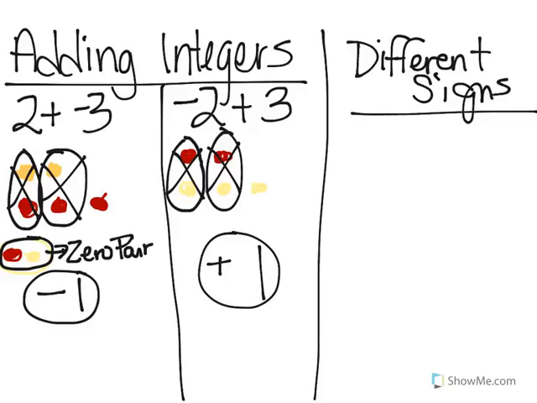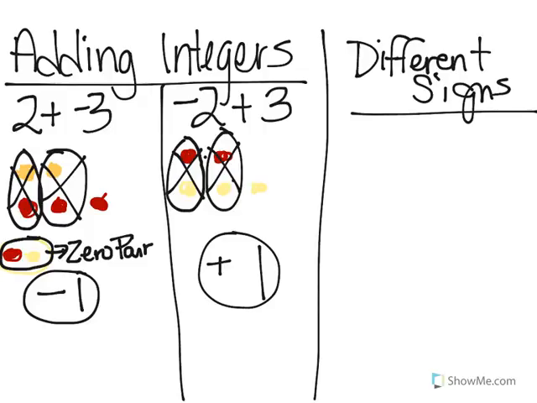Now let me look at my rule. If I have a 2 and a 3 and I added, what it looked like is I was actually taking away zeros on both sides. So it means I'm subtracting, and my answer was a 1. It happened to be the sign of the larger number.